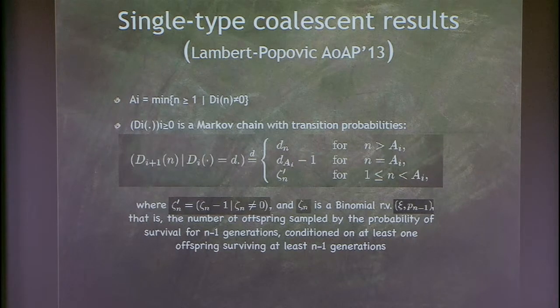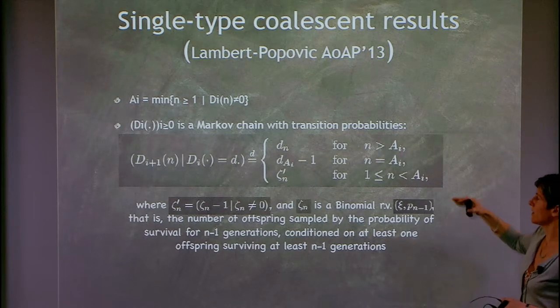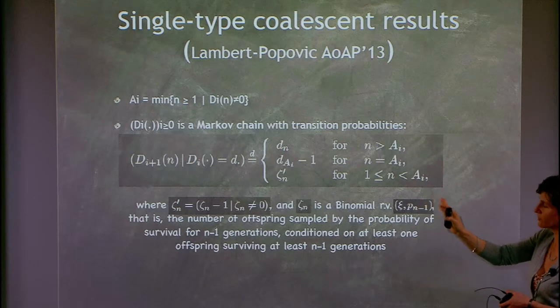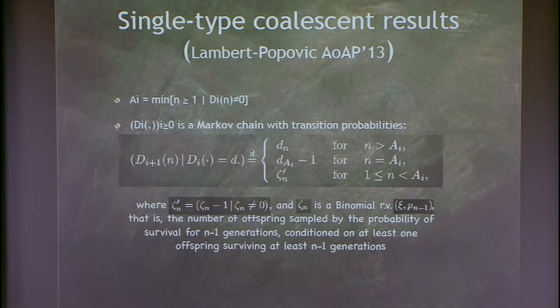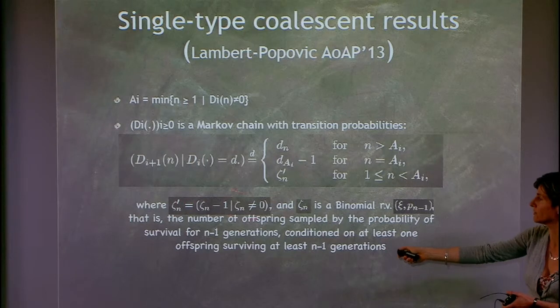All right, so the result that we had in our paper was that essentially you can write this process down as a Markov chain, and the transitions are such that you start with the first individual, you are free to independently put the offspring down with a certain distribution that is using the fact that all those individuals at the different times will have descendants in the future, so that's why you have this conditioning over here.